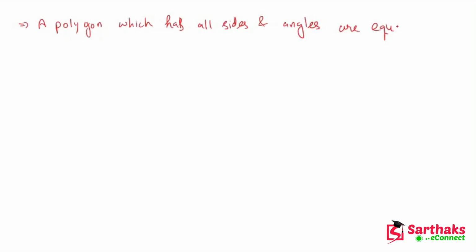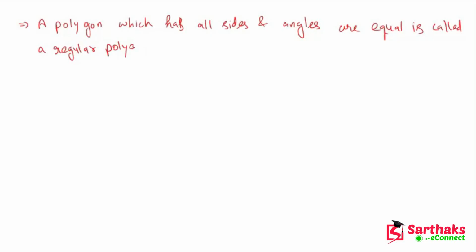Now, a polygon which has all sides and all angles equal is called a regular polygon.